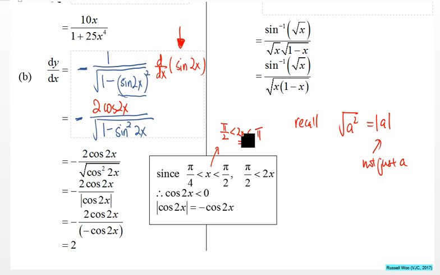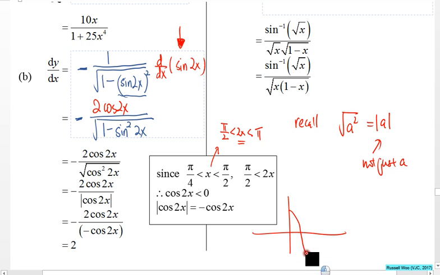Why? Your cosine graph looks like this, you know. If you take a cosine of any angle between pi over 2 and pi, you will get a negative number.